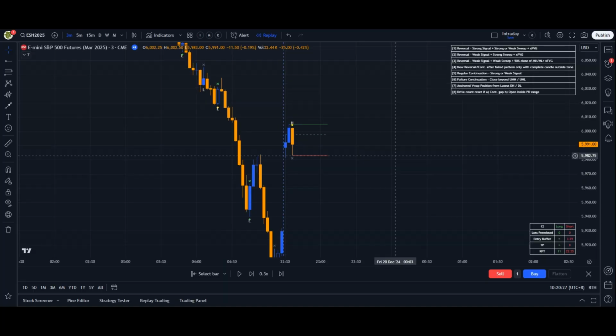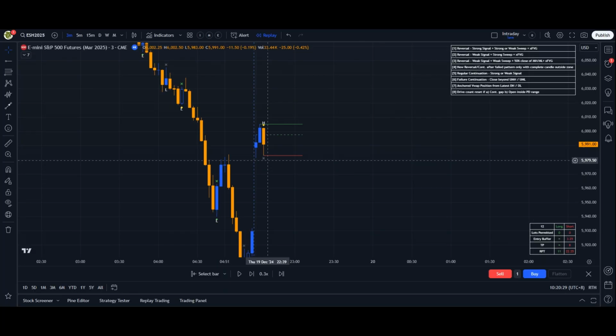So just to go over some of the details, it's a weak signal because it's a gray X. It has a weak sweep because it is a yellow diamond. So if I look at my rules and I look at the third rule, if I'm trying to trade a reversal with a weak signal and a weak sweep, then what I need to have is definitely a 50% close below the mitigated high line of the bar which creates the mitigated high low, right?